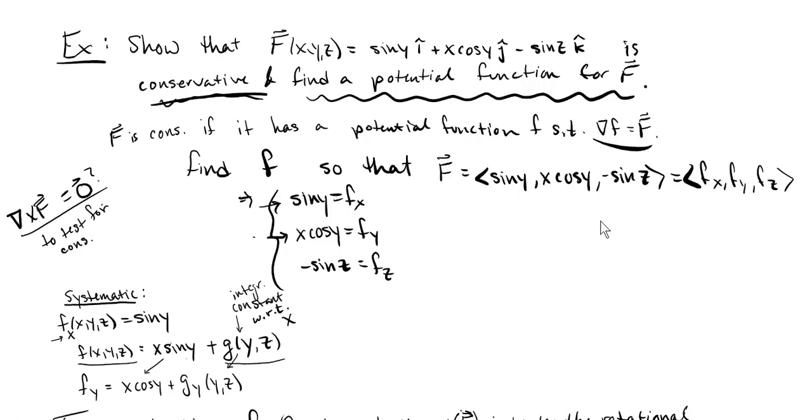And we know from this equation up here what this has to equal. Partial of f with respect to y has to equal x cosine y. So let's replace partial f with respect to y with what it has to equal, x cosine y. We'll do that up here. The fy on the left side I'll replace with x cosine y. That guy's gone. Now I'm just copying this side on the other side.